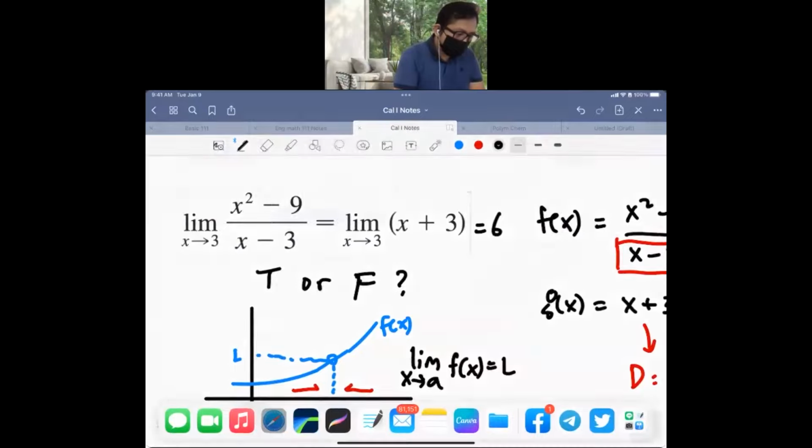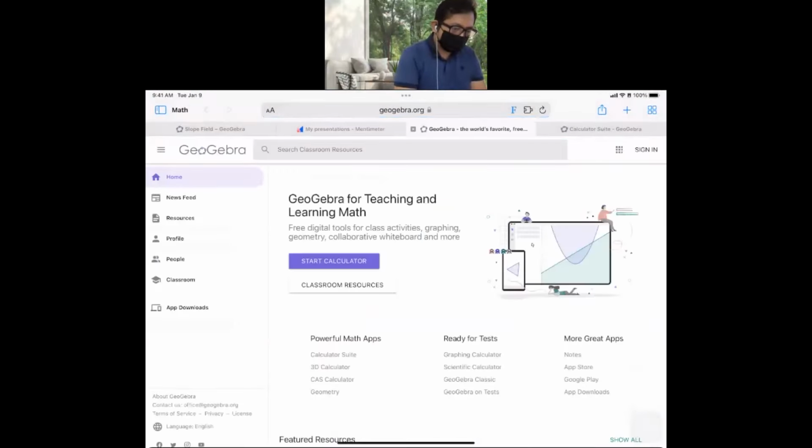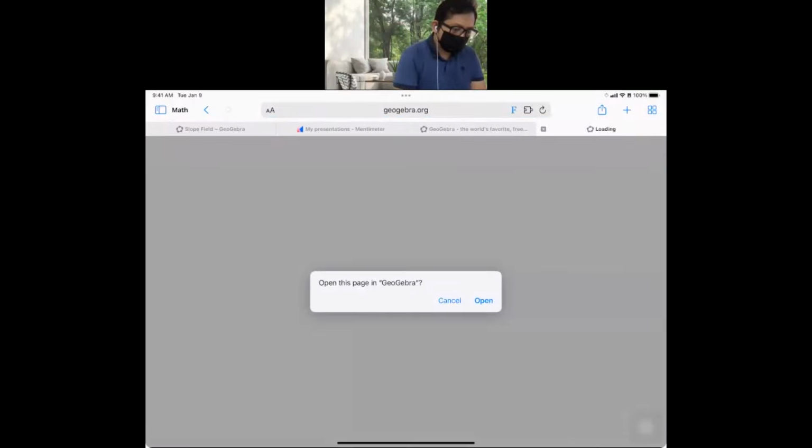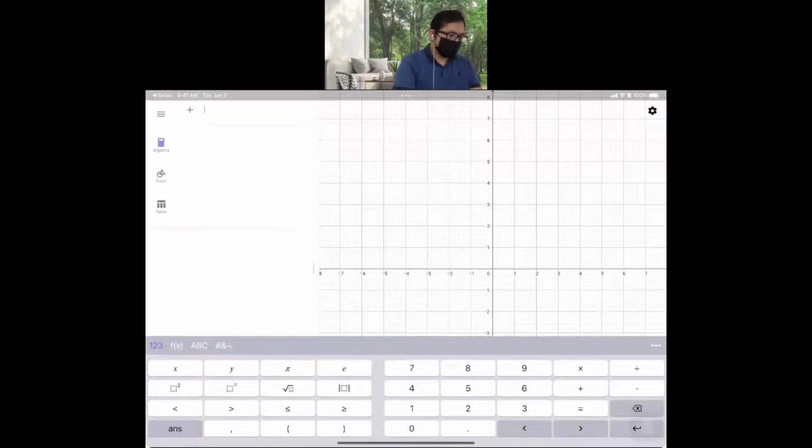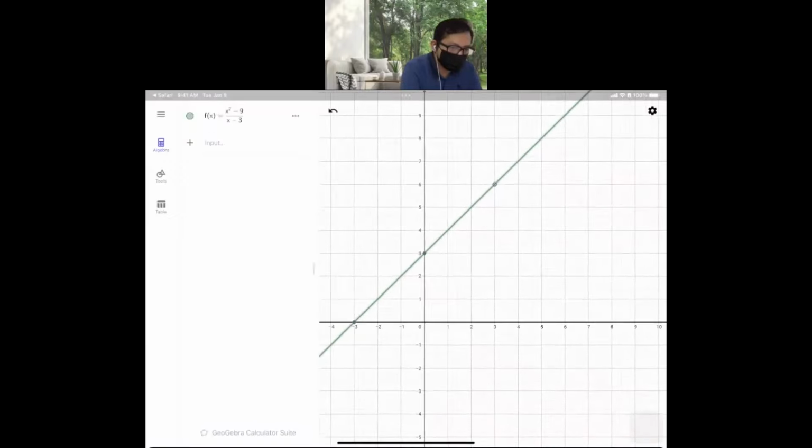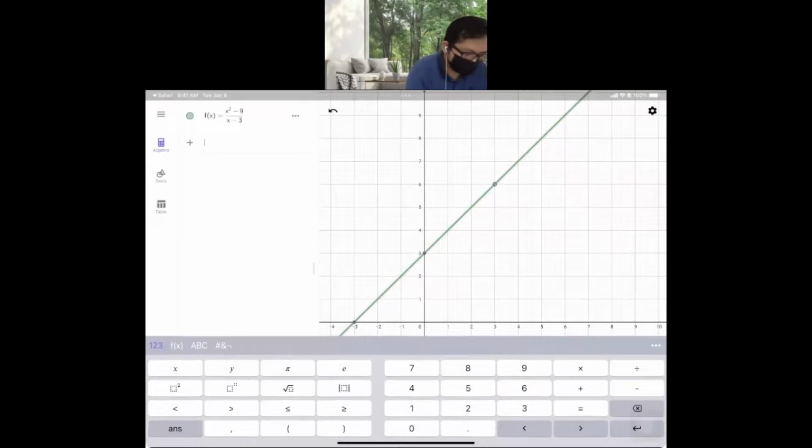Let me jump into GeoGebra. x squared minus 9, and then x plus 3.